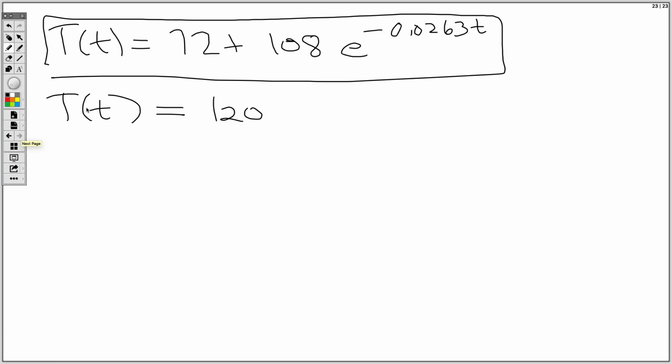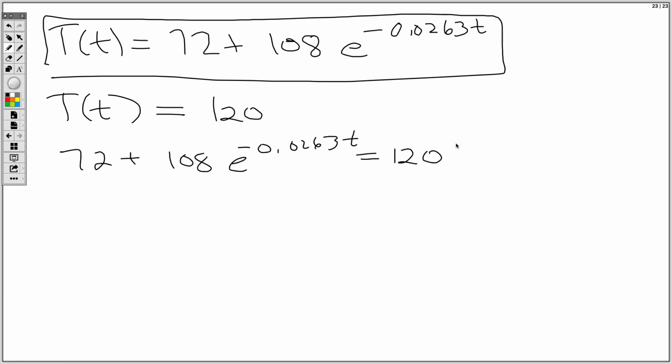So we want to figure out how long, little t, it takes for the temperature, big T, to get to 120. And hopefully you see that we're solving the same type of equation we just did to solve for k.